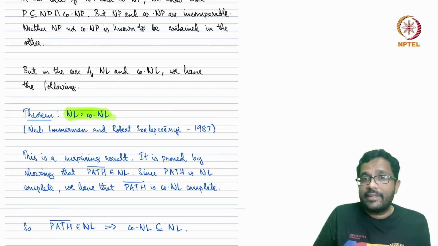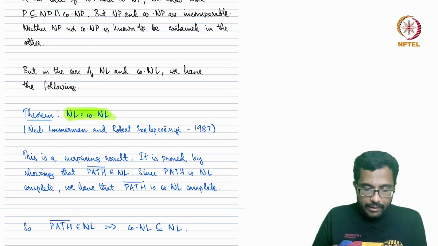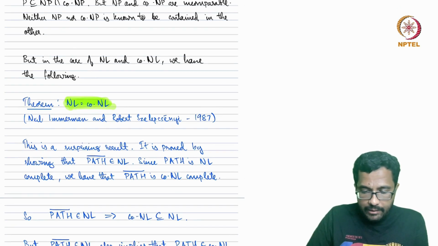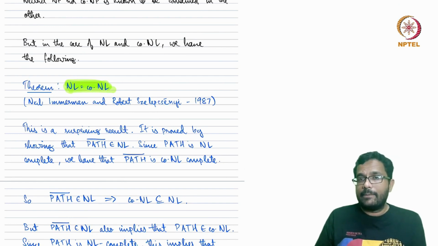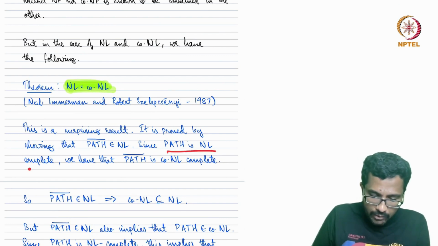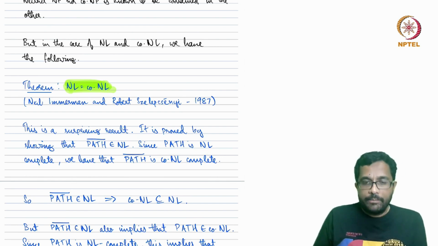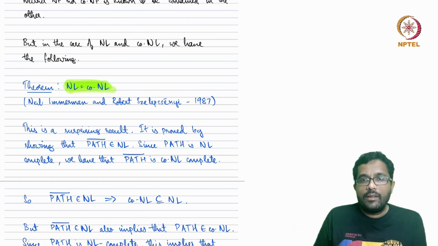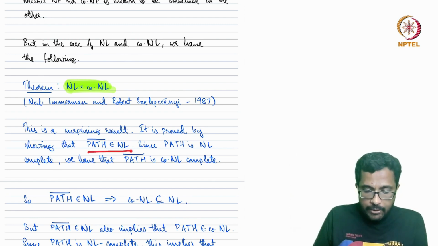This was proved in 1987 by two independent efforts by Neil Immerman and Róbert Szelepcsényi. This was somewhat surprising, and it was shown by proving that, since we saw that PATH is an NL-complete language, the proof shows that the complement of PATH is in NL.